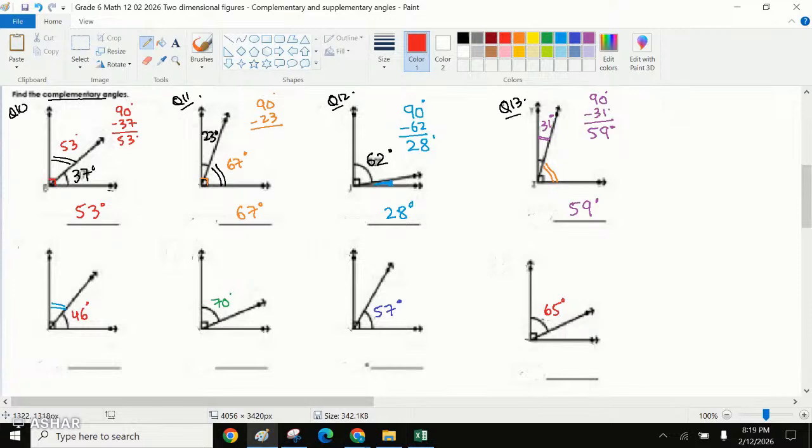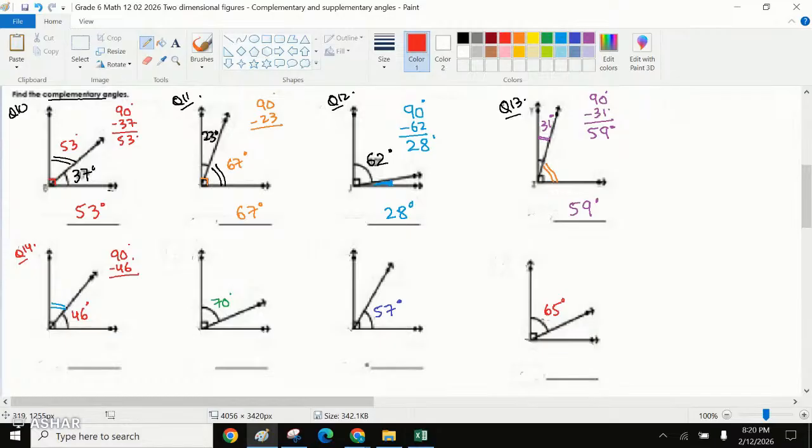Okay. We know that question number 14 should be 90 minus 46. We also need to remember that half of 90 is always 45, right? And 46 is very near to 45, right?